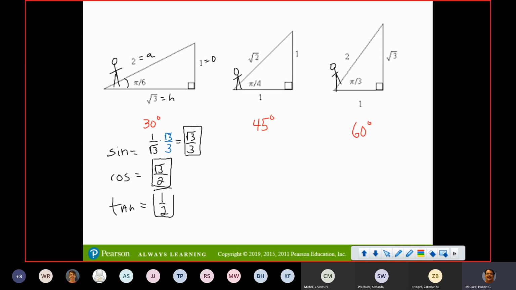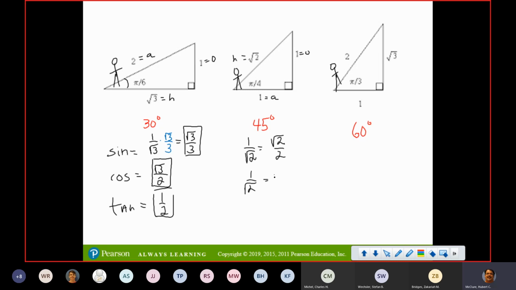45 degrees. Oscar had. Well, this is O, this is H, and this is A. Oscar had 1 over square root of 2, which is equal to the square root of 2 over 2. A hunk, 1 over square root of 2.